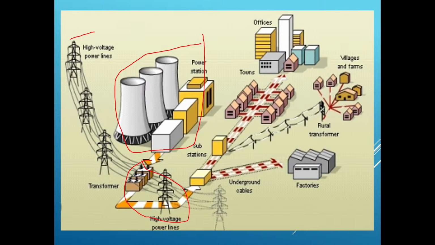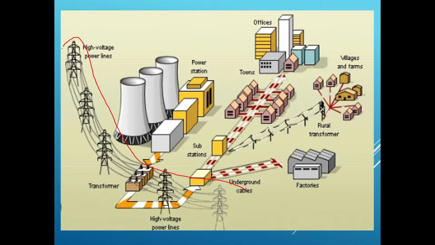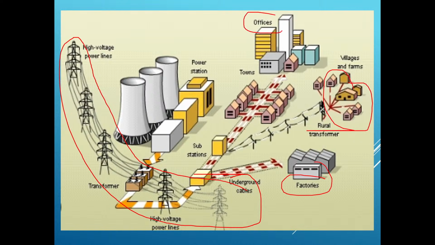For transmission, you can see transmission towers and transmission lines, which you might all have seen. It has to be transmitted to the factories, the rural villages, the offices, the towns. You can see in this image.